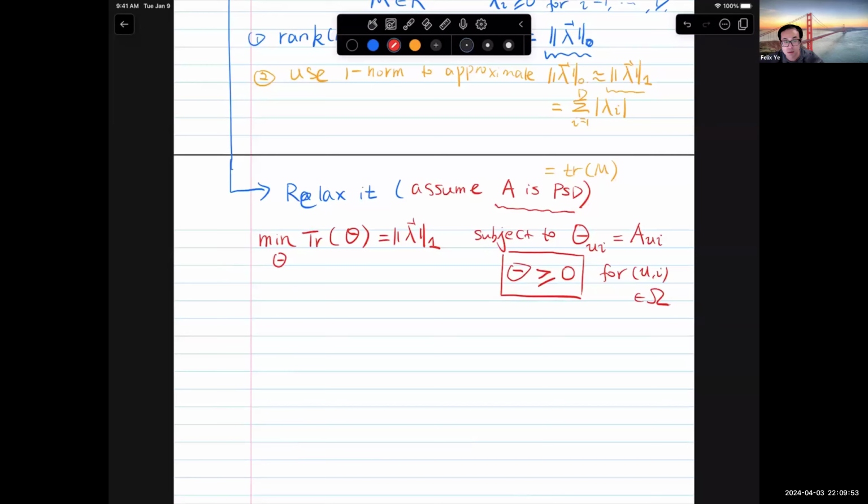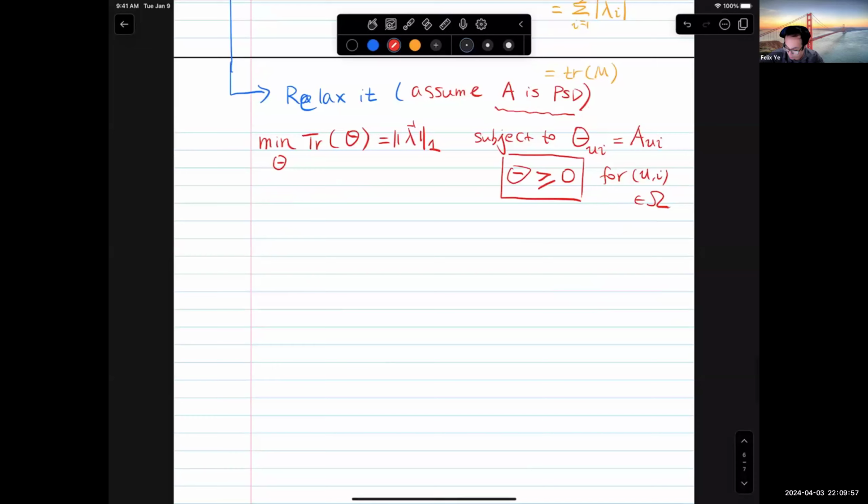Can I have a similar analog to it? What if A is a rectangular matrix, which is the case that we are interested in? Say this is n by n, right? So it's rectangular.